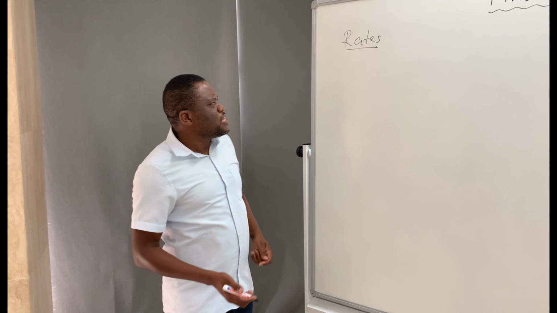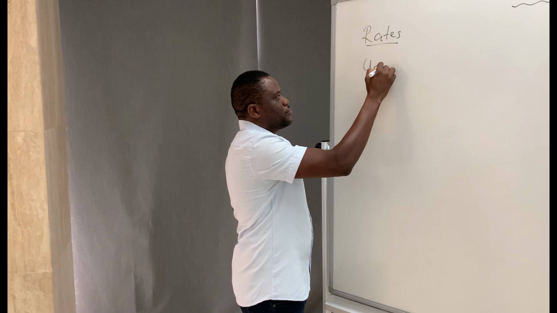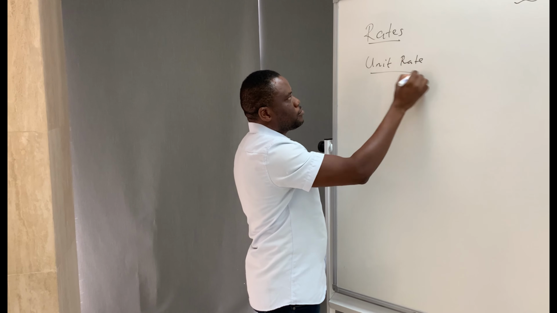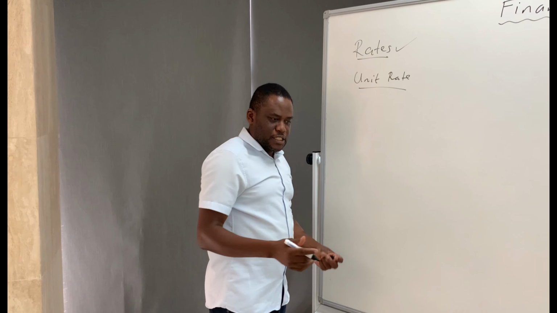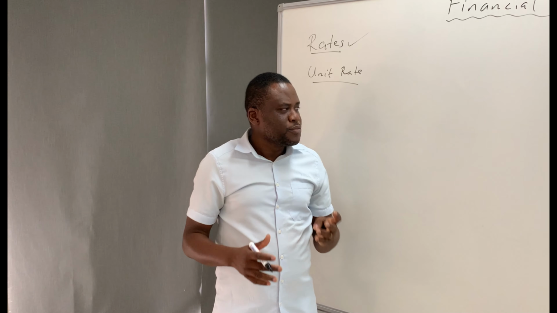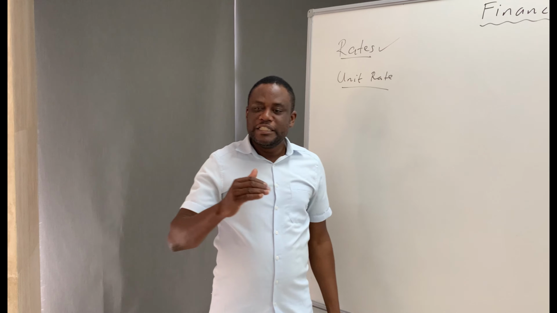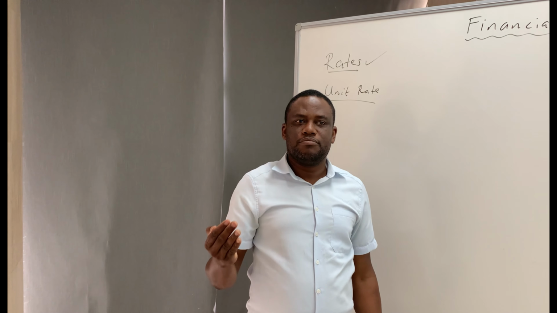Okay, so let's talk about unit rate. The units are not the same, the same thing with this one. But if you say unit, it means that the denominator is just 1.